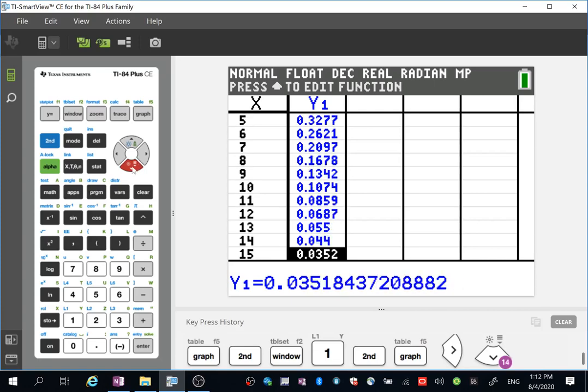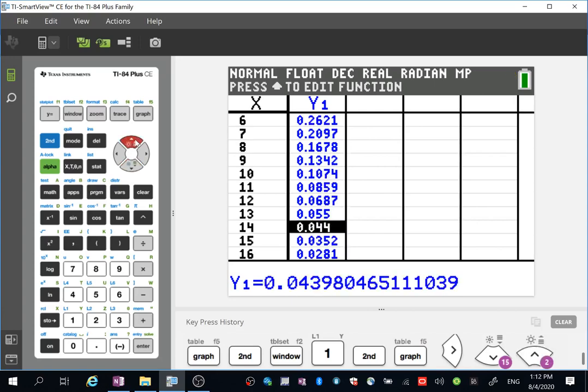When I scroll down, I can see where the value of Y1, or probability Y equals 0, is first less than 0.05. So this is my answer. It corresponds to x equals 14, or n equals 14. I copy down this row as the center row in my presentation, and I copy one row above it and one row below it.